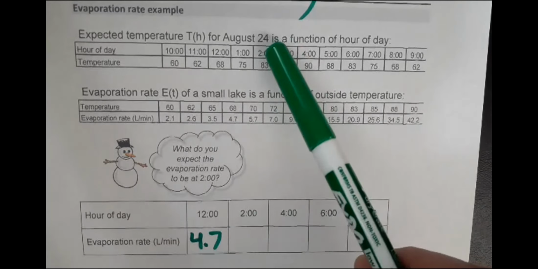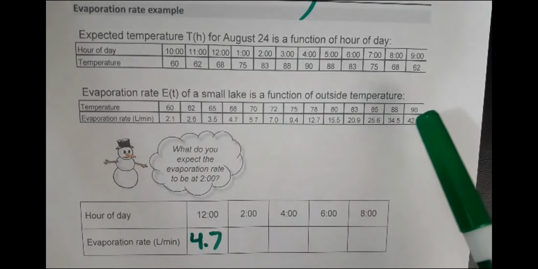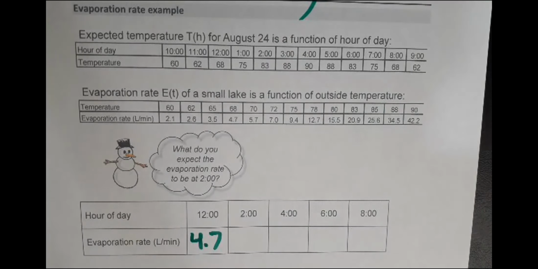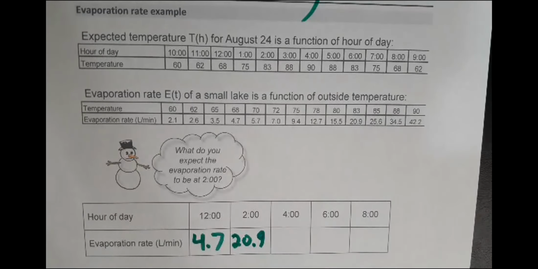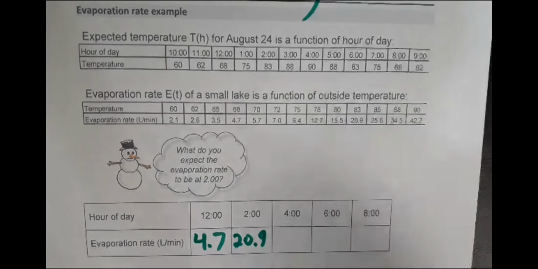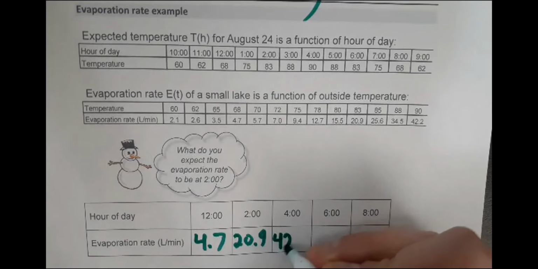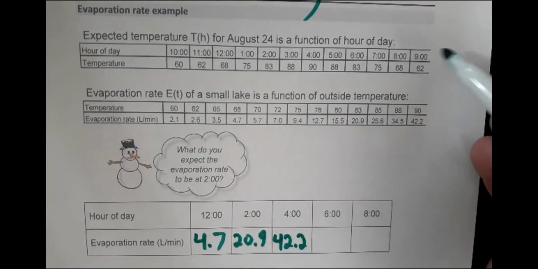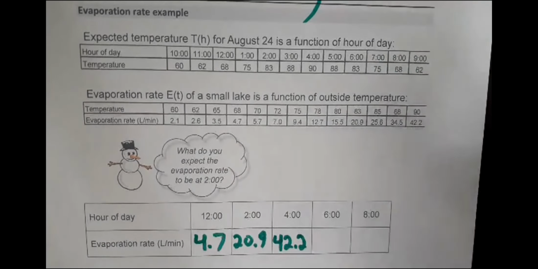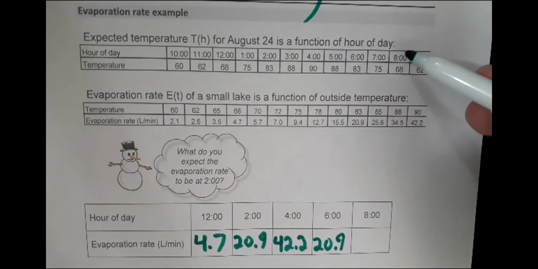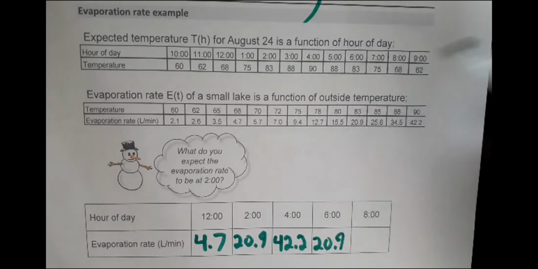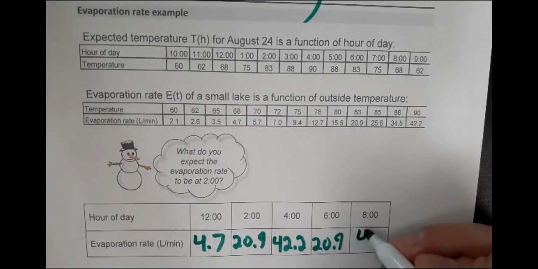I go here. 2 is giving me 83. 83 is giving me 20.9. 4 o'clock is giving me 90. 90 is giving me 42.2. 6 o'clock is giving me 83. 83 is 20. 8 o'clock is giving me 68. 68 is giving me 4.7.